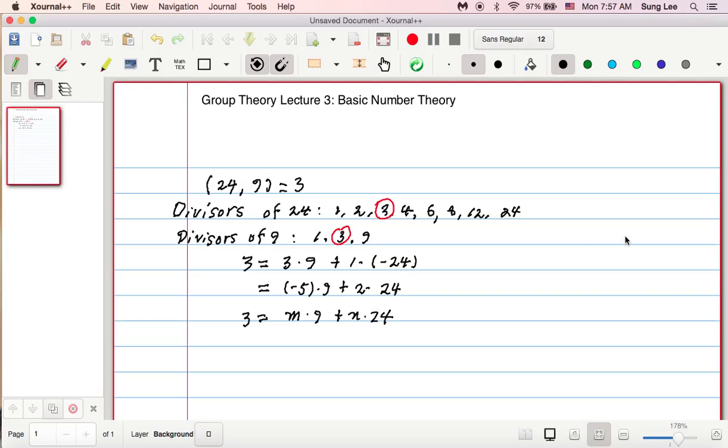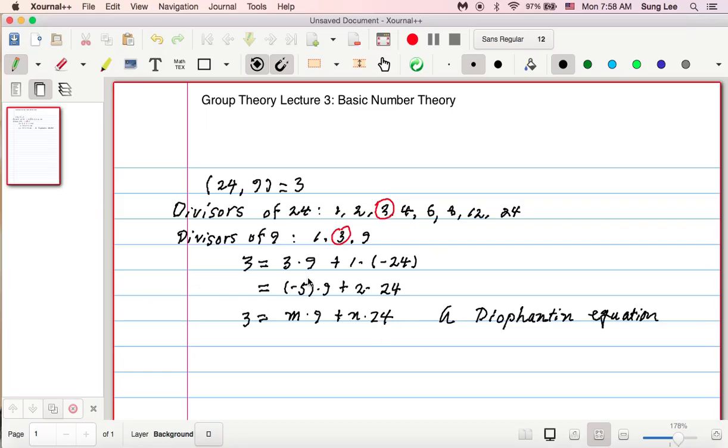This type of equation is called a Diophantine equation, named after a Greek mathematician, Diophantus, who studied this type of equation first. Okay, right. So this is very important.